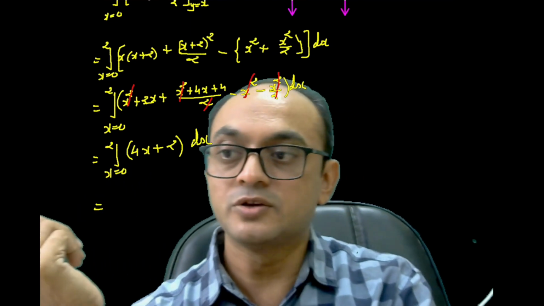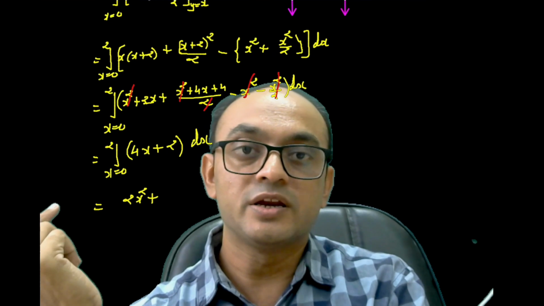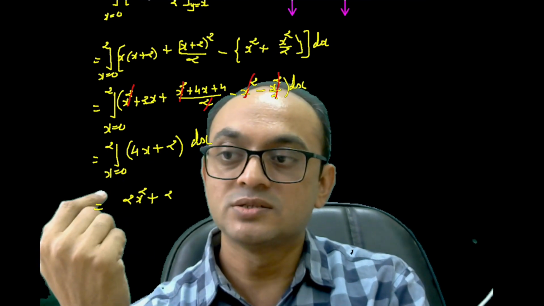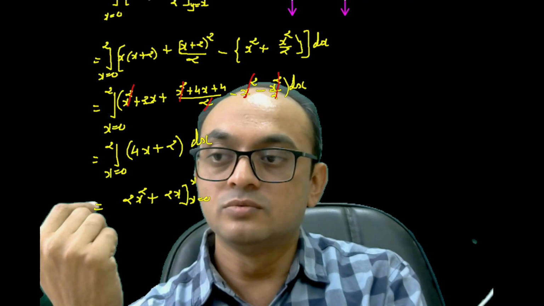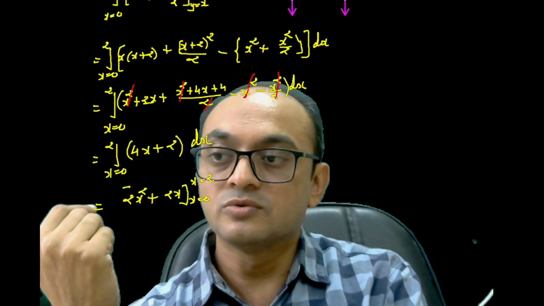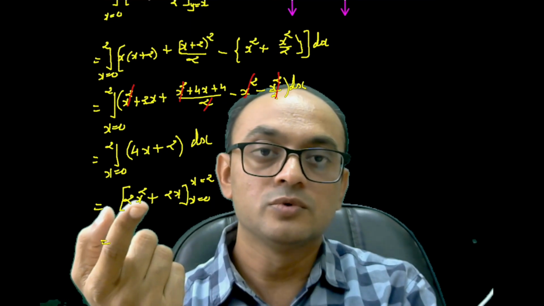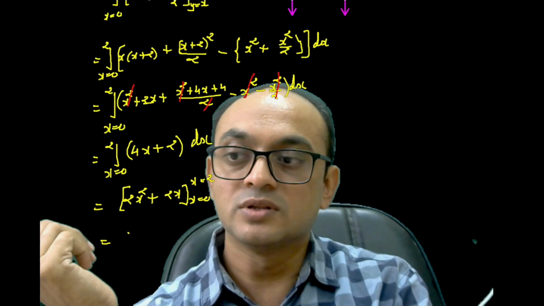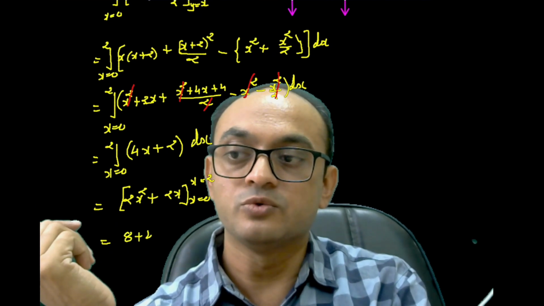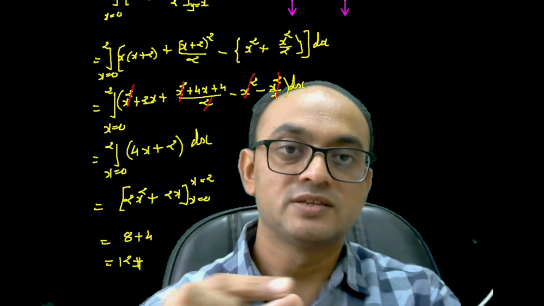So 4x square by 2, let me write directly, is 2x square. What is the integration of 2 with respect to x? Which is 2x, from x is equal to 0 to x is equal to 2. Now substitute the limits. x equal to 2, so 2 square is 4, 4 into 2 is 8. So this is 8 plus 2 into 2 is 4, and so the final answer is 12. This is the end of the exercise.